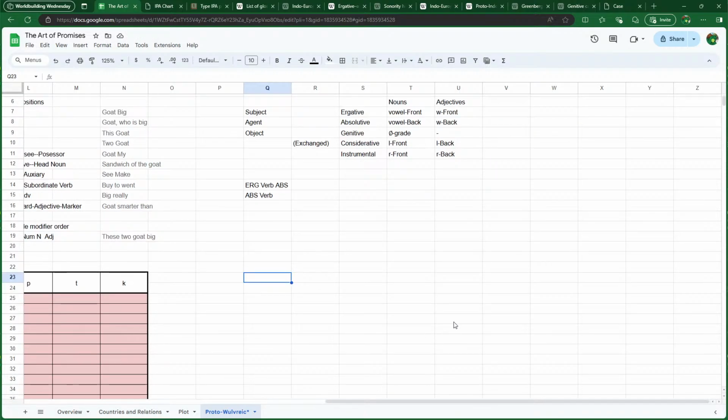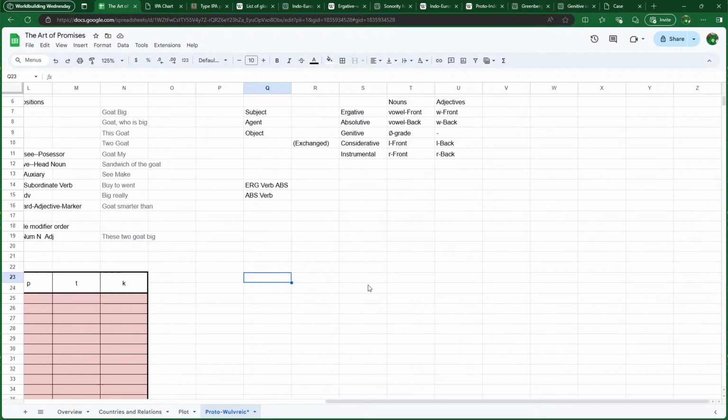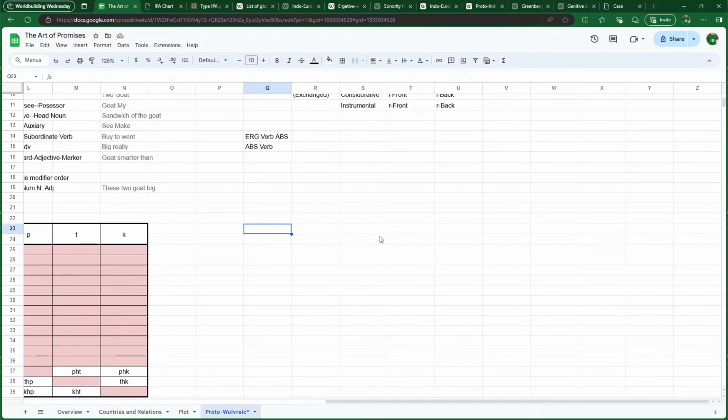So, obviously the five senses. So, sight. Oh, these should be verbs. See, hear, taste, smell, touch.